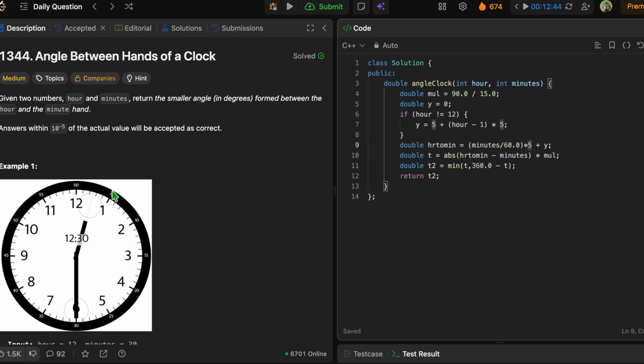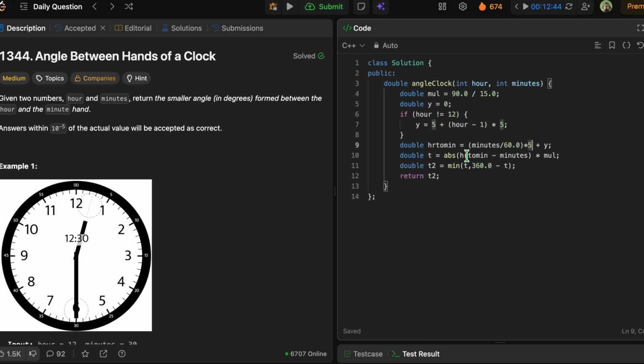So 10 minus 5 is 5, 15 minus 10 is 5. All adjacent gaps are 5 minutes. Then we add it with the y, because y represents the starting position of the hour hand, and how much it has moved is given by this fraction multiplication. So we have the exact point of the hour hand which it will point to in minutes.